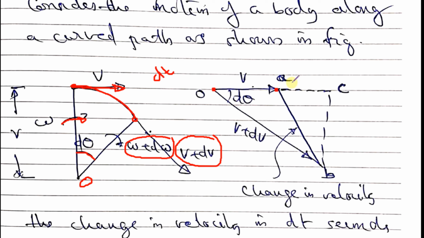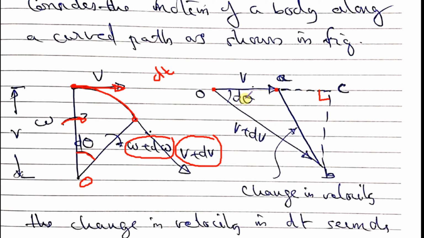Then let us construct a right angle triangle with angle C as 90 degrees, that is OBC or OCB. You can see v is only up to here, and v plus this gives you this one, provided they are vectors.